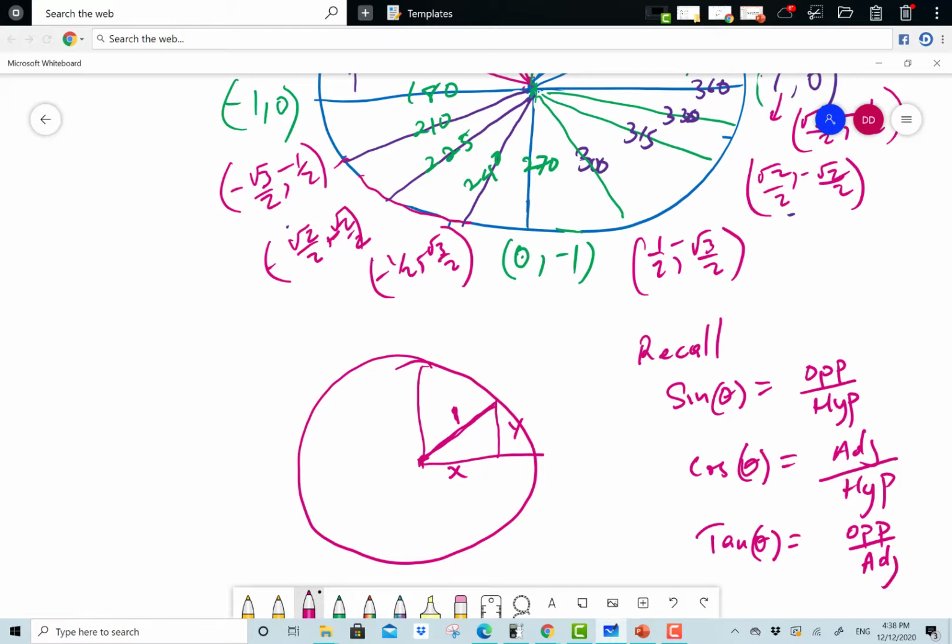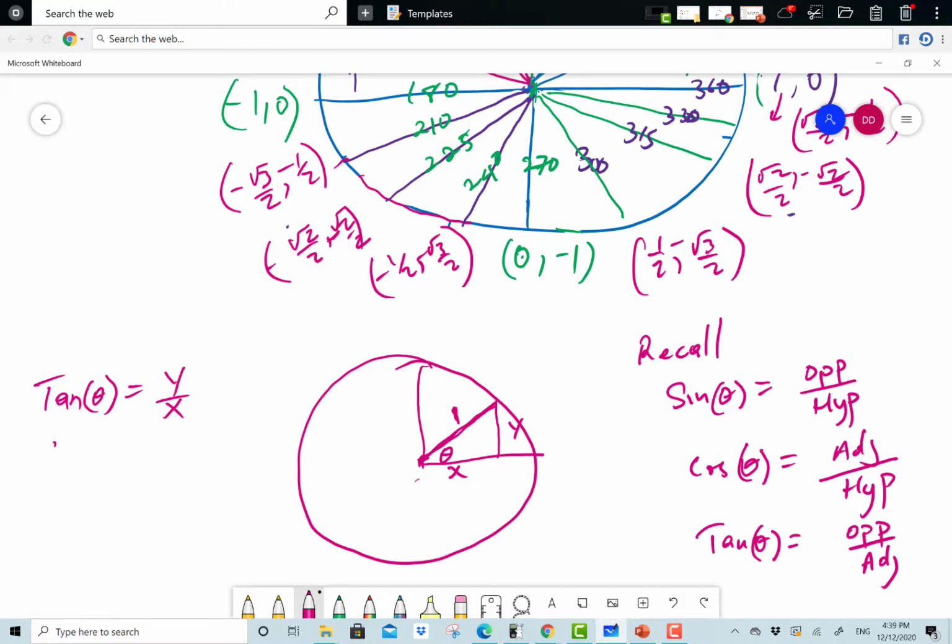Now if I have this as my x and that is my y, I know if I'm considering this angle, my opposite is going to be y and my adjacent is going to be x. So if I want to represent tan theta, I could simply have the opposite over the adjacent, which is going to be my y over my x.